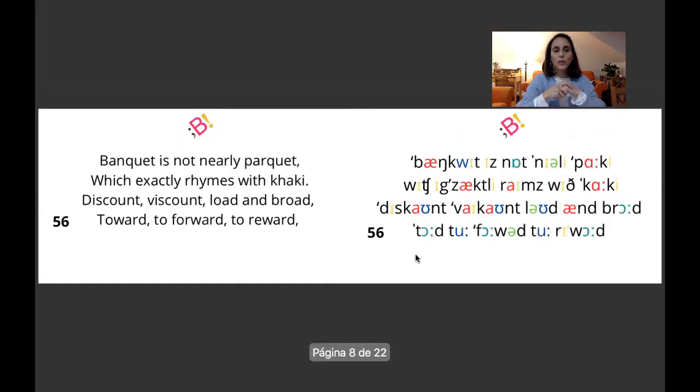And then we continue with the next 4 lines that say, banquet is not nearly packed, which exactly, I want to emphasize here that exactly, the beginning of words in English, if they start with E, the tendency of Spanish speakers is to say exactly, but it is E, exactly, rhymes with khaki.